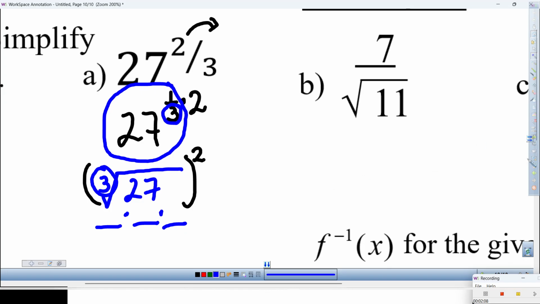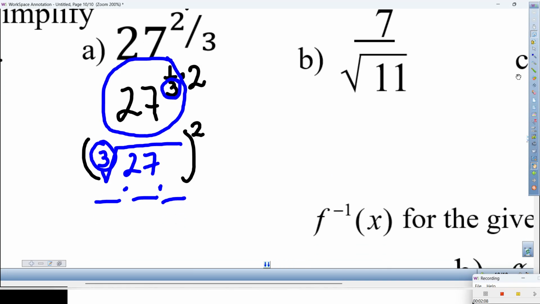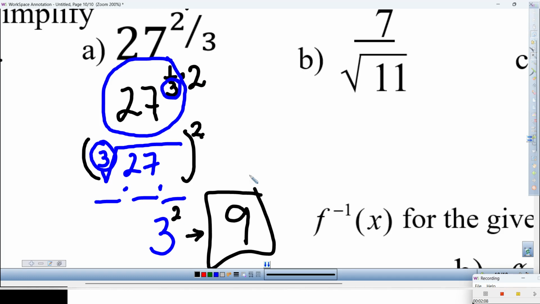Tell your neighbor. Is it 1? Let's see. 1 times 1 times 1 is 1. 2 times 2 times 2 is 8. 3 times 3 is 9, times 3 is 27. So that number is 3. We bring down the exponent of 2. So what is 3 squared? 3 squared is 9.